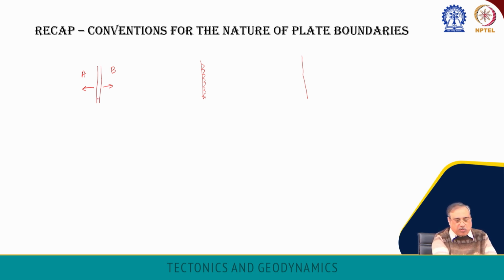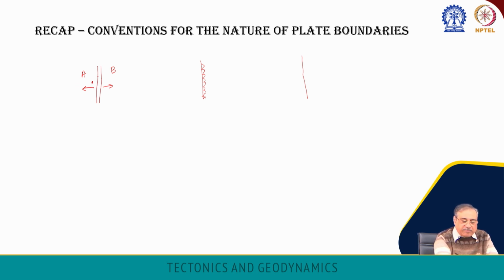Now, the other thing that is important in each of these cases is to realize that, for any person standing on plate A, plates A and B are being created at the same rate at the mid-oceanic ridges. If this is being created at the rate of 2 centimeters per year, any point here will be moving this way at 2 centimeters per year as new ocean crust is created here, and similarly on this side, new ocean crust would be created at 2 centimeters per year on plate A and would move to the west.